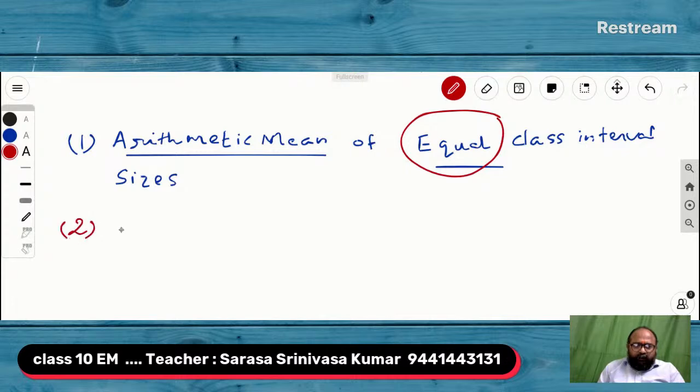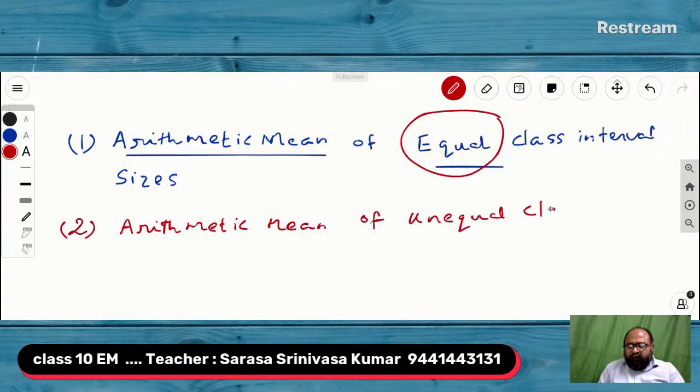Tomorrow we will calculate the arithmetic mean of unequal class interval sizes. Here I would like to give an example.